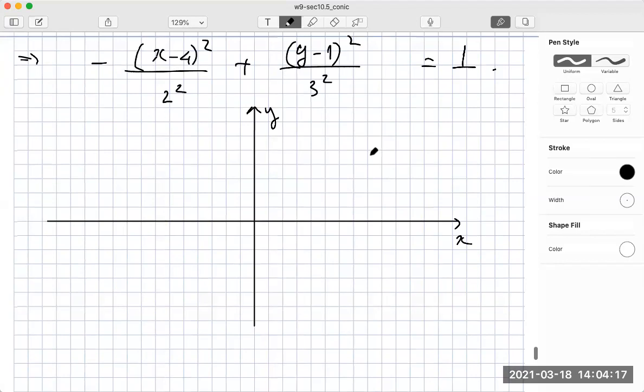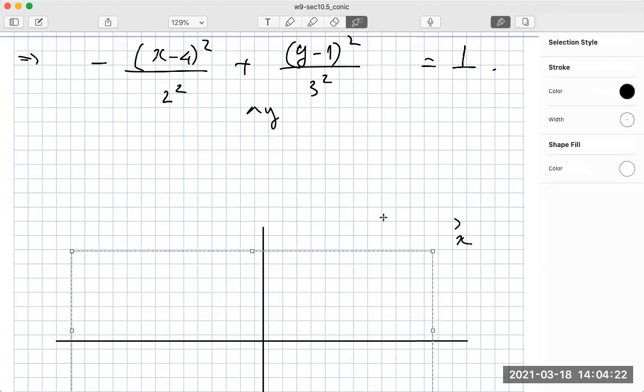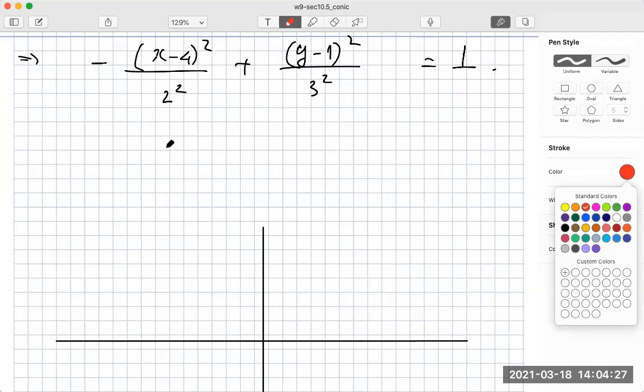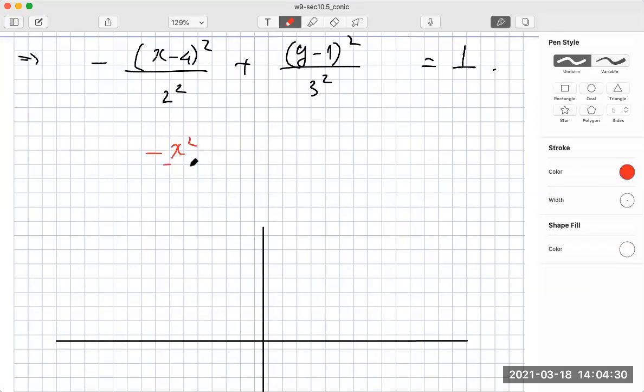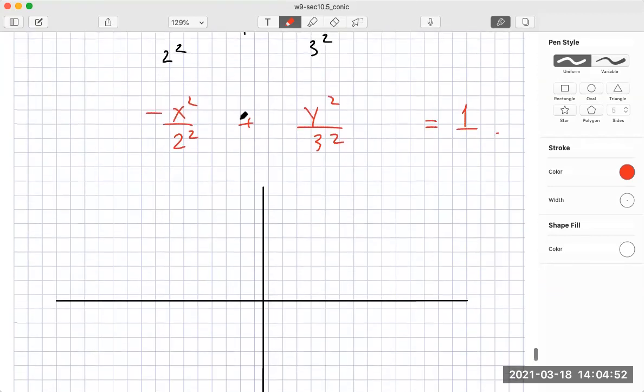Before doing this, let us graph this: minus x squared divided by 2 squared plus y squared divided by 3 squared equals 1.